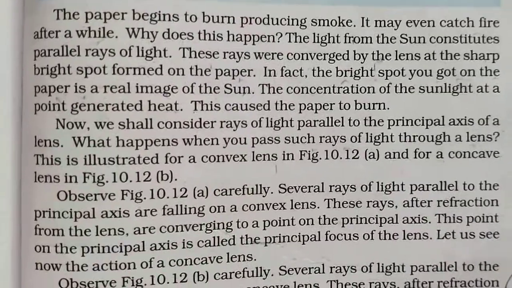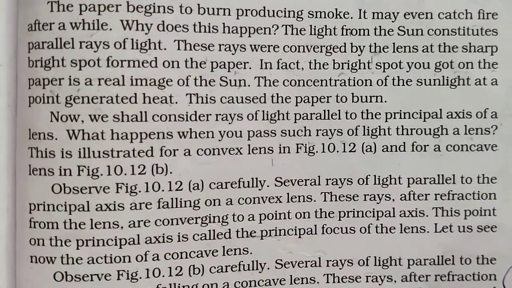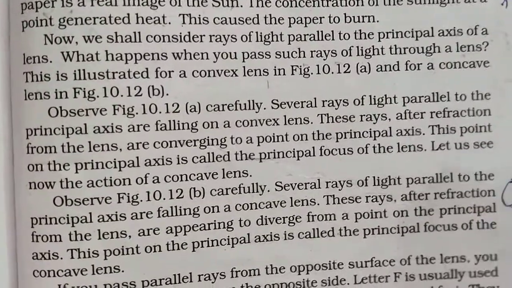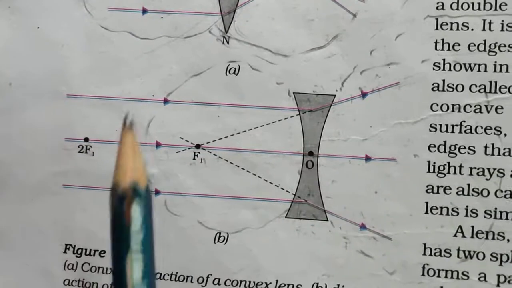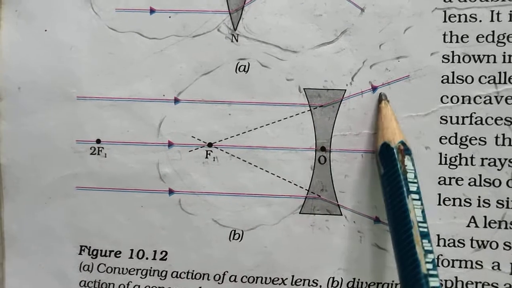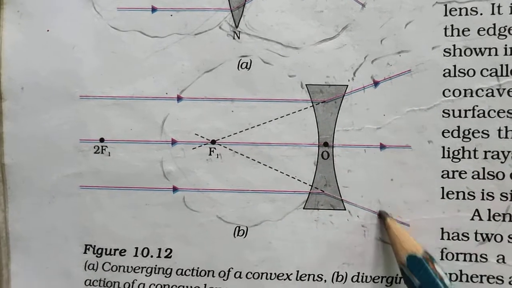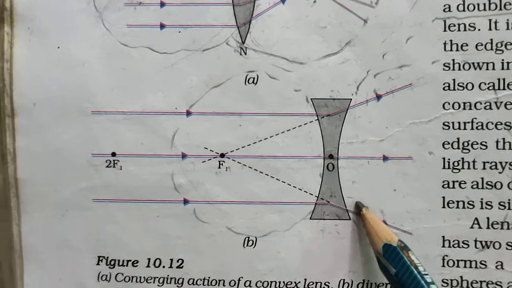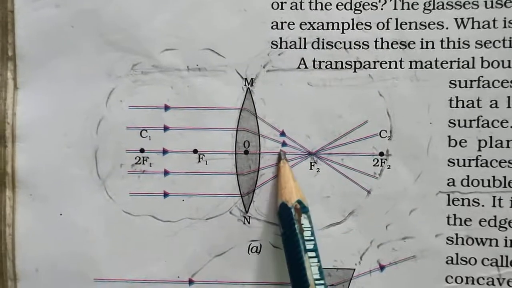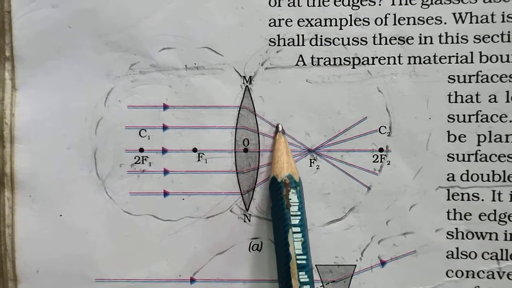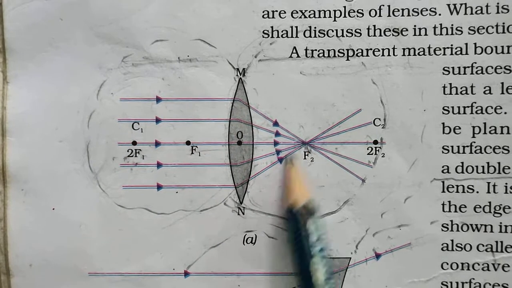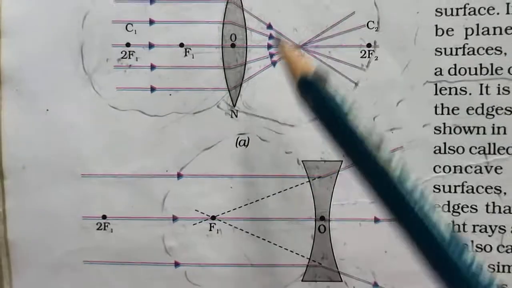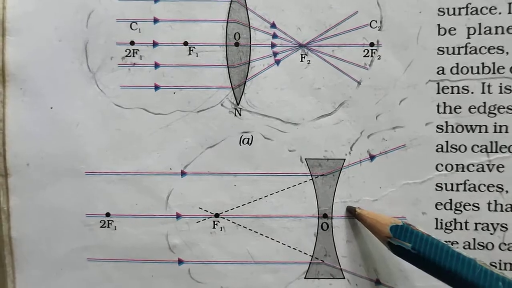Whenever parallel light rays are incident on a concave lens, they will diverge from one another. In the case of a concave lens, the refracted light rays go away from each other. That is why it will diverge. But in the case of a convex lens, after refraction, the rays will meet at a point. So that is the first difference between the convex and concave lens.